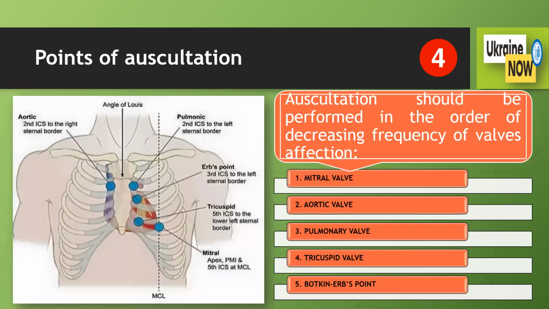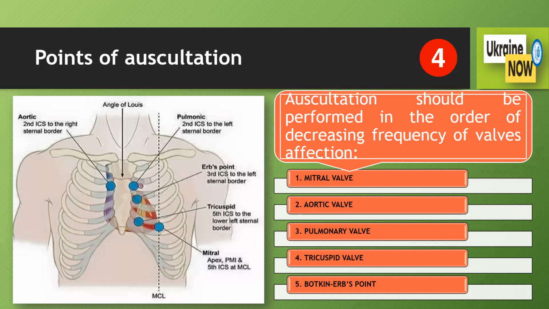So there are 4 main areas of auscultation. Area of the apex beat for auscultating the mitral valve. Lower part of the sternum near its junction with the xiphoid process is the point of auscultation for the tricuspid valve.